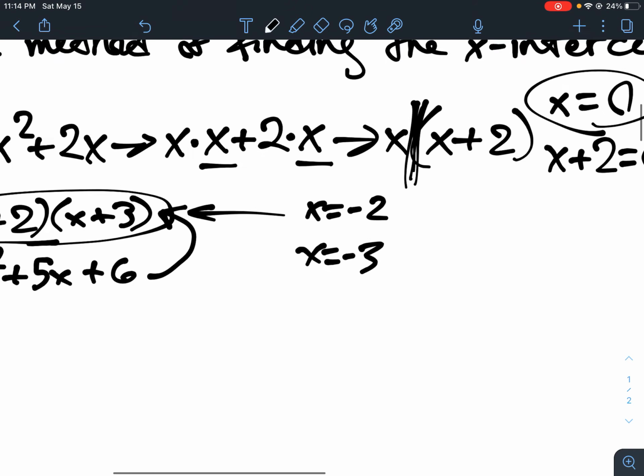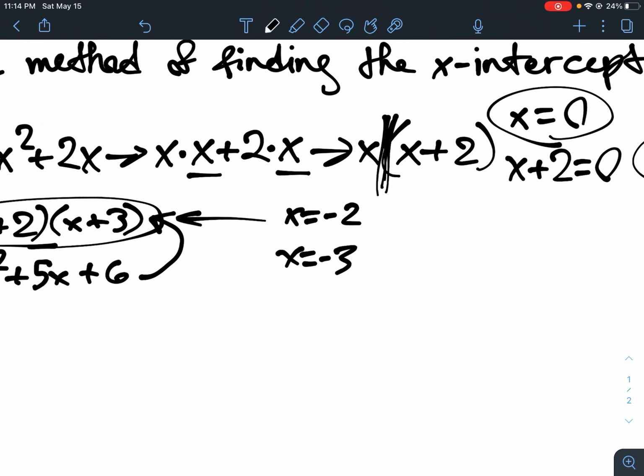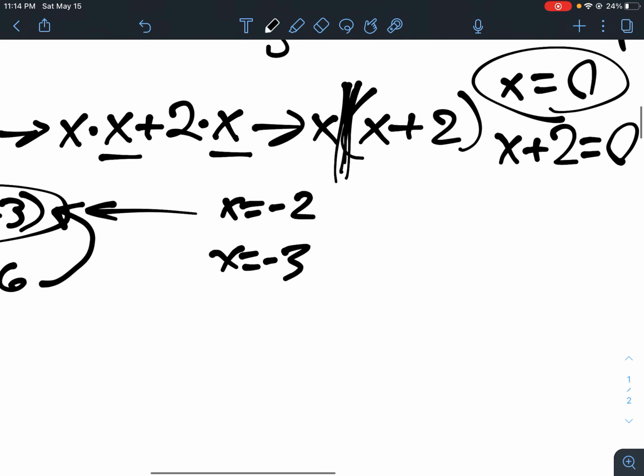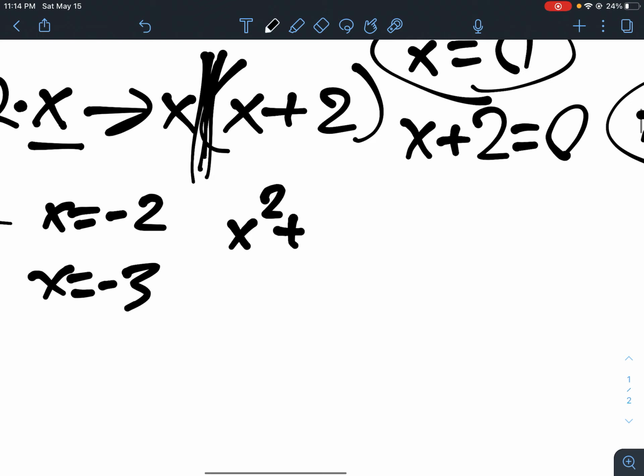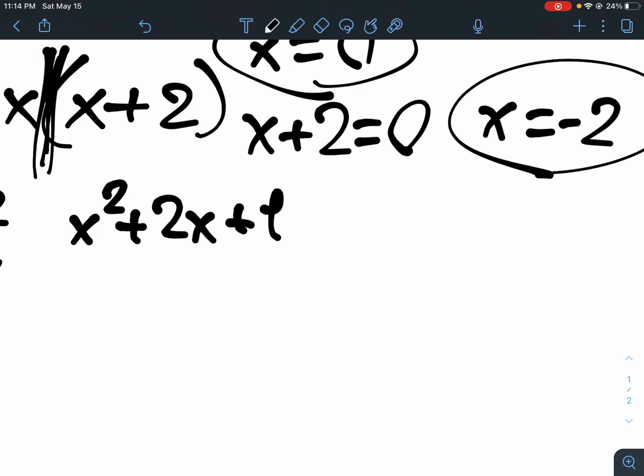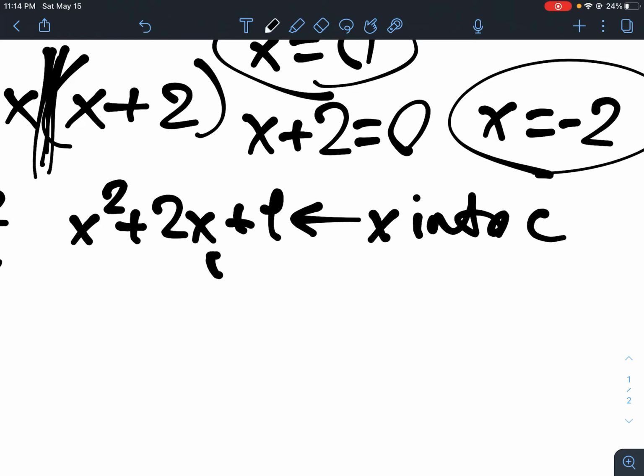Now let's try it with a different function and explain how you factor using reverse FOIL. Let's say you have x squared plus 2x plus 1. The easiest way is to find two numbers that multiply into c and add into b.